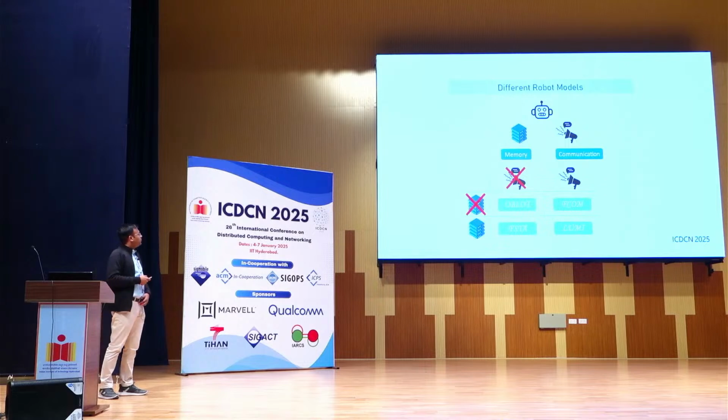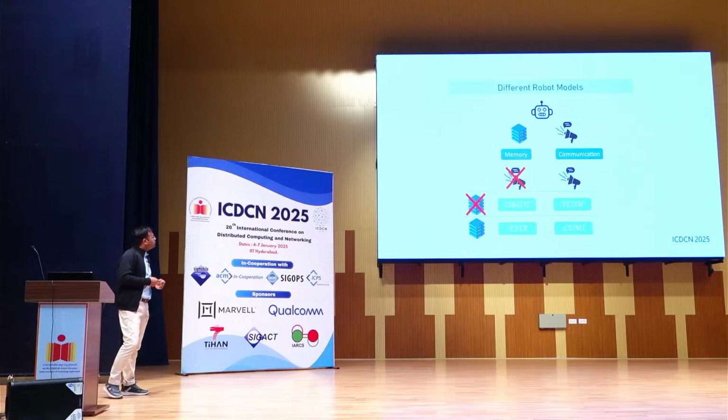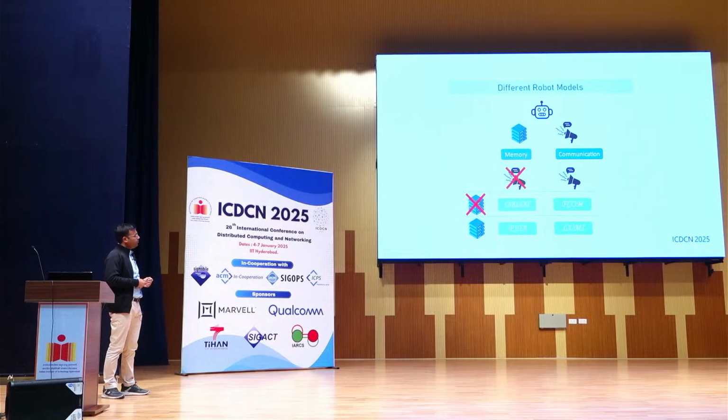Based on memory and communication ability, there are four main models which we are going to focus on. If the robots have no persistent memory or communication ability, then we say this is the OBLOT model, the abbreviation of oblivious robot. If the robots have finite communication ability but no persistent memory, then we say FCOM model.